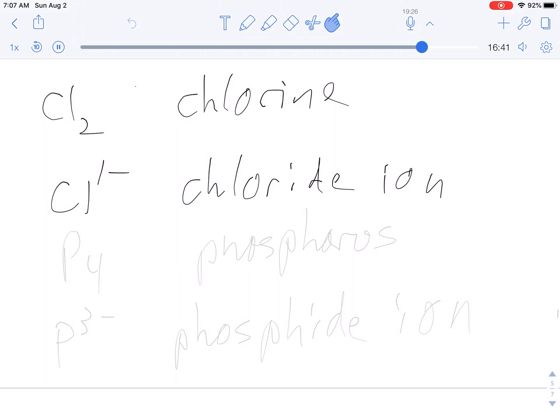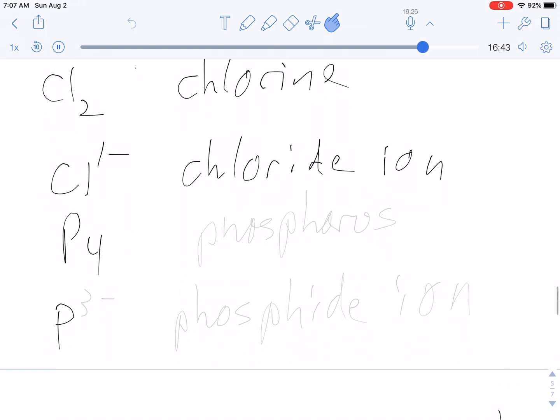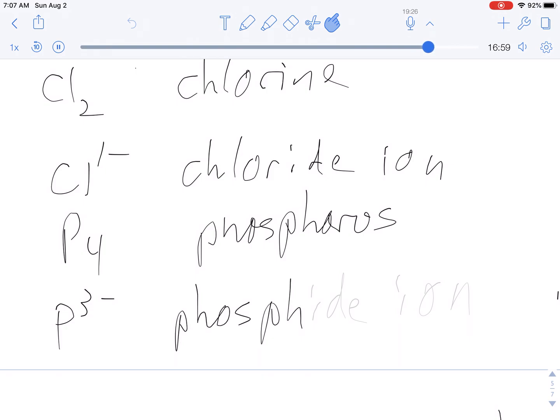How about this one? P4 and P3 minus 1. P4 is phosphorus. P with a -3 charge, well, then you have to change the ending to IDE. So phosphorus becomes phosphide.